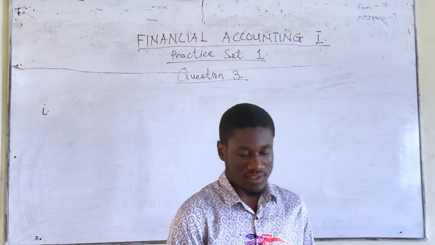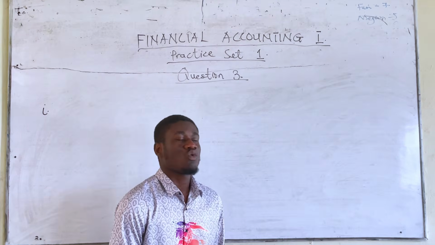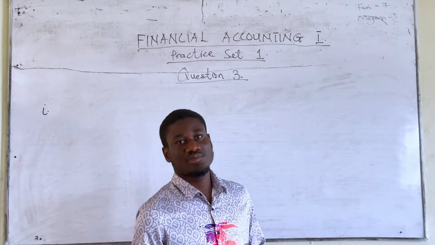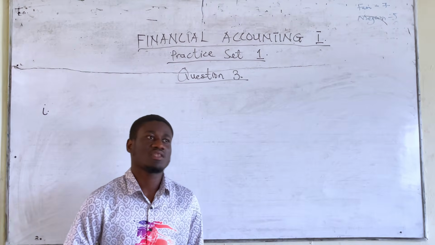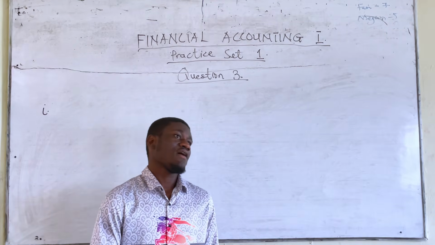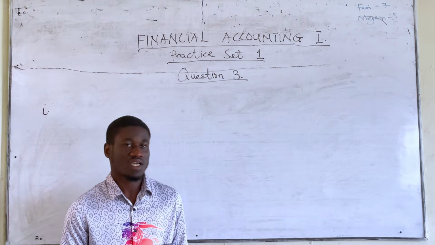The I says increase in capital and increase in land and building by 42,000 Ghana cedis. Good. So what will make our capital increase and what will make our land and building increase? As we said in the introduction to accounting, when the owner introduces something into the business, it is termed capital.